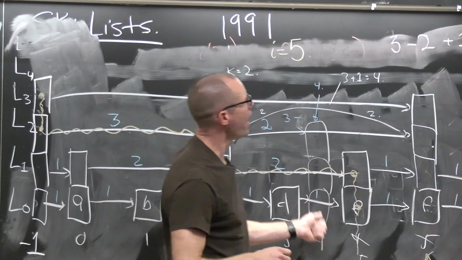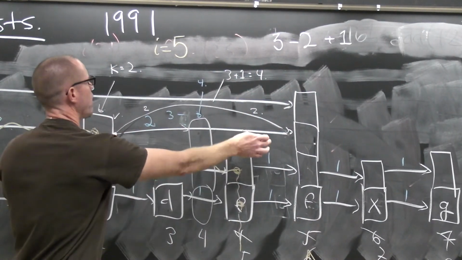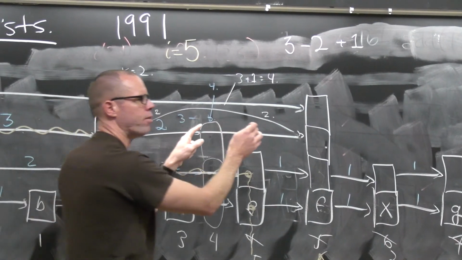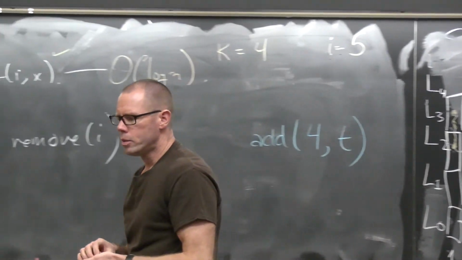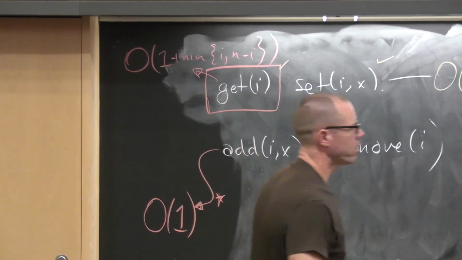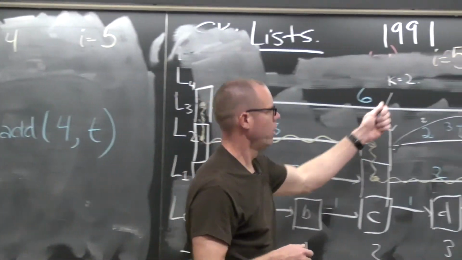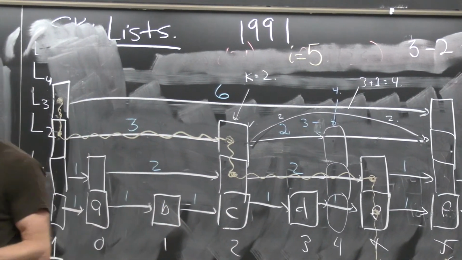Plus 1 is because we added a new node in the bottom list. The minus 2 is because part of this edge length got assigned to this part. Whatever's left gets assigned to this part. Okay. So you can insert into one of these things and keep the edge lengths updated, which means next time you can do searches again.